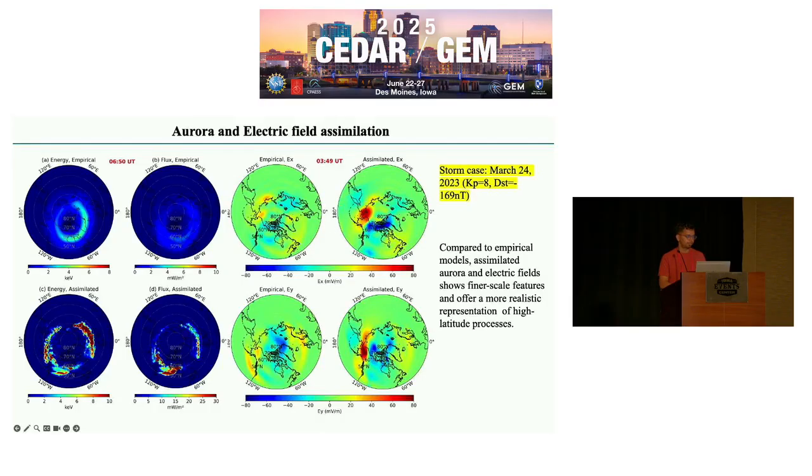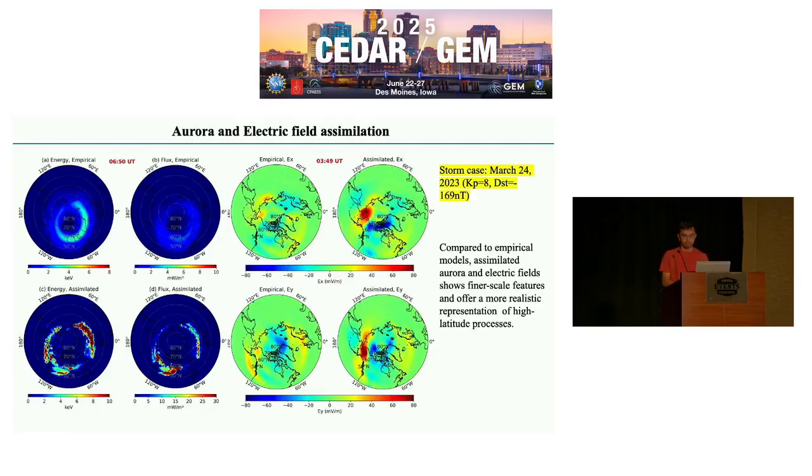Similarly for the electric field, the first column is the empirical maps, whereas after incorporating the Poker Flat electric field, we get intense electric field structures at the Poker Flat location. Compared to the empirical models, the assimilated maps show finer structures and offer a more realistic representation.